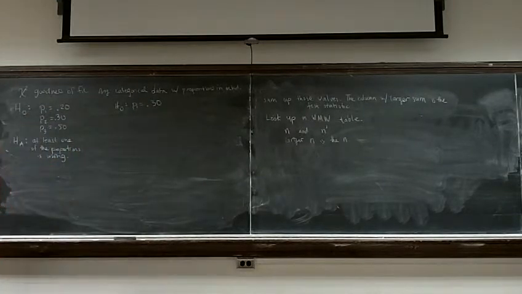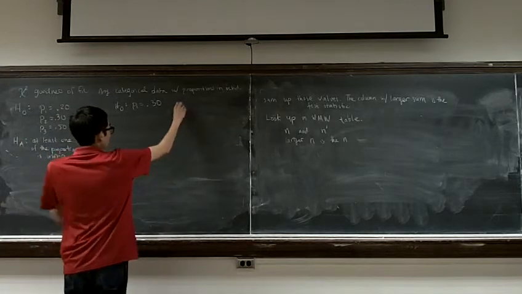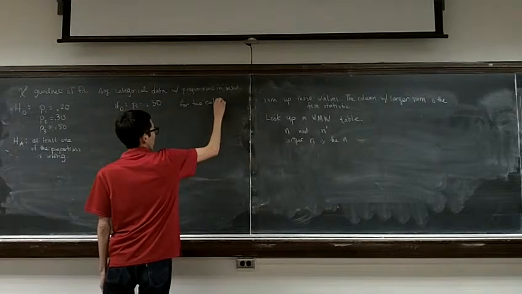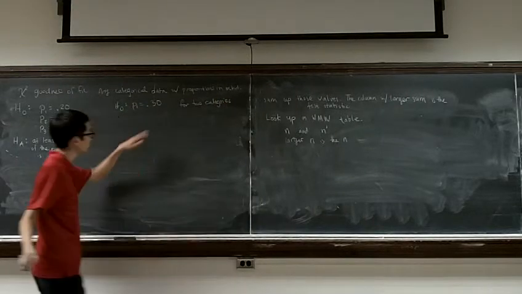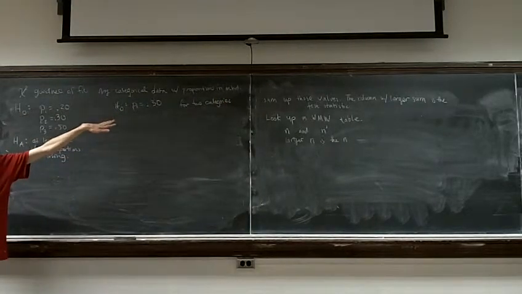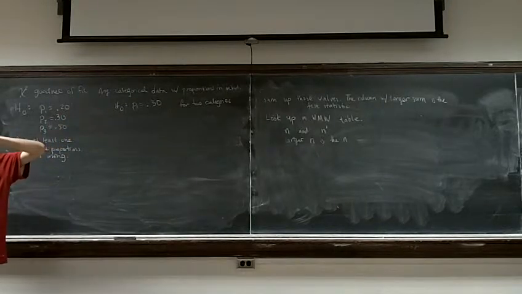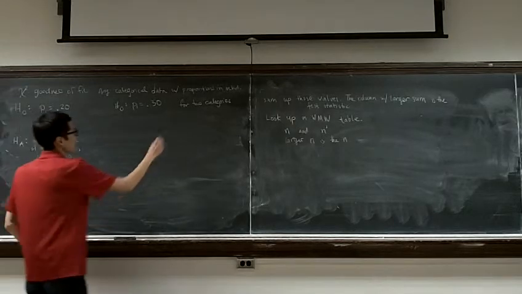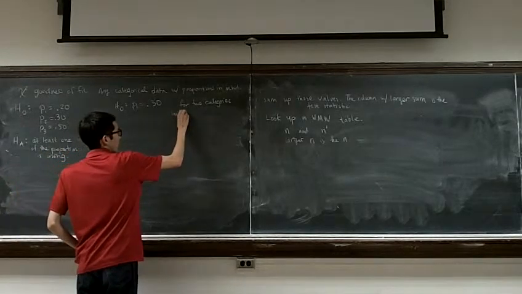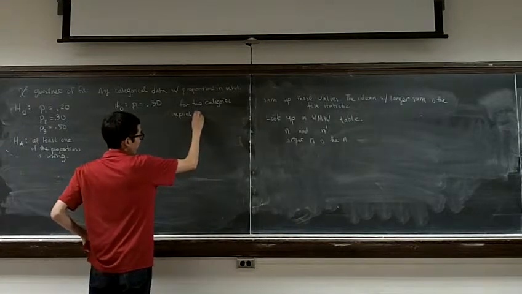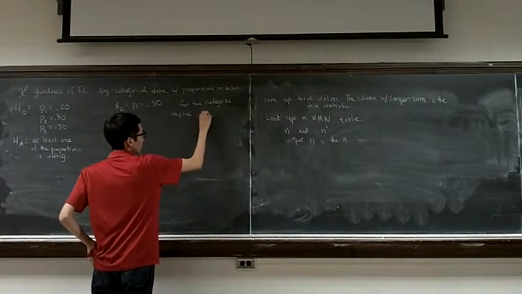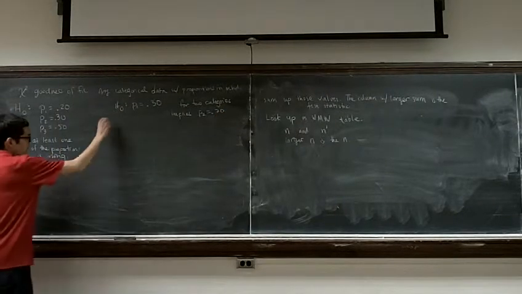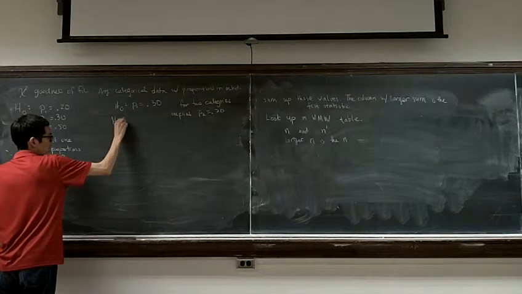For two categories only, you could get away with just writing P1 equals 30%, and that implies, because there's only two categories, that the other must be 70%. That implies P2 equals 70%.